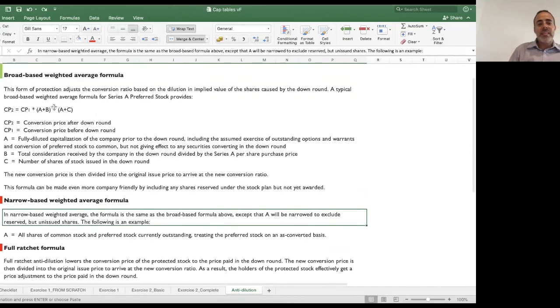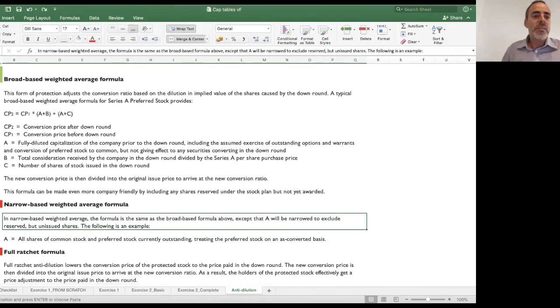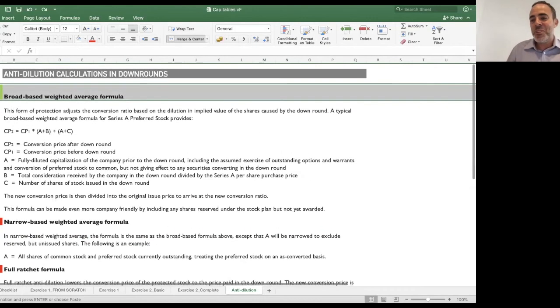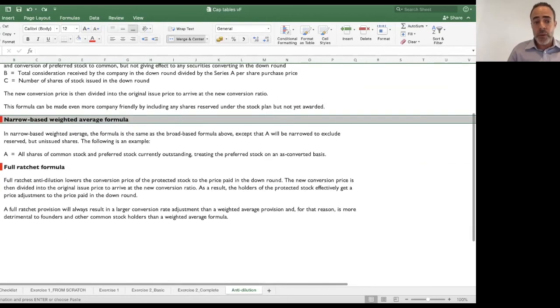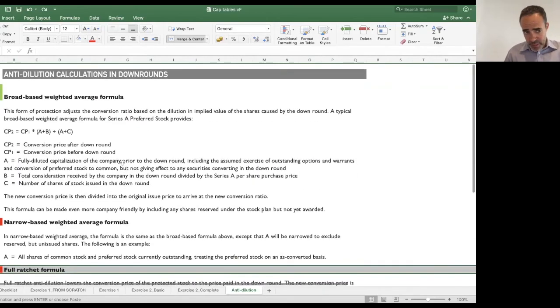What I would say is that at this stage, one thing you do have to remember is that this is the one that you want, which is the standard one, because it's more favorable to founders. Or actually I should rephrase that. This one is the one that is less punitive for founders, okay? Narrow-based is more punitive, and full ratchet formula is the worst, okay?